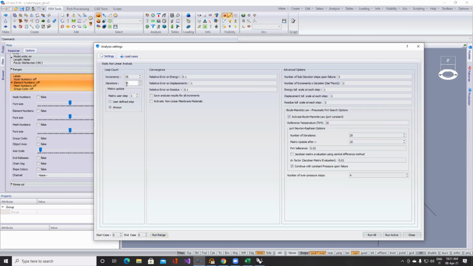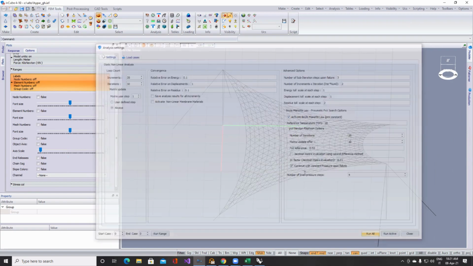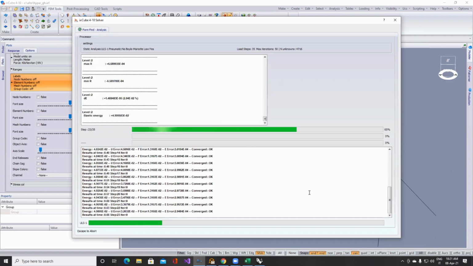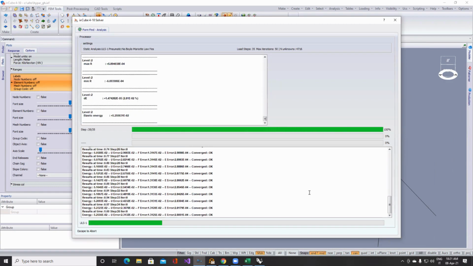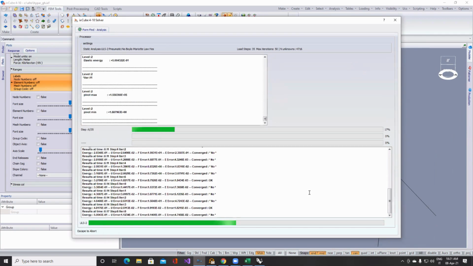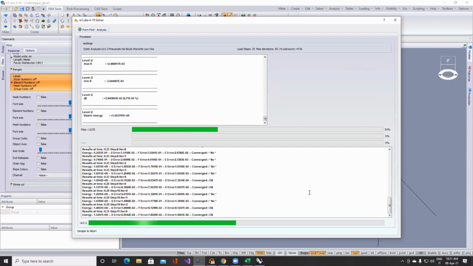Here you can put how many you want. It will use the amount of increments needed and will skip. And run the analysis, and let's see if it converges. Generally, if your model is nicely designed and is stiff from a geometrical point of view, you will not face big problems in running the analysis.